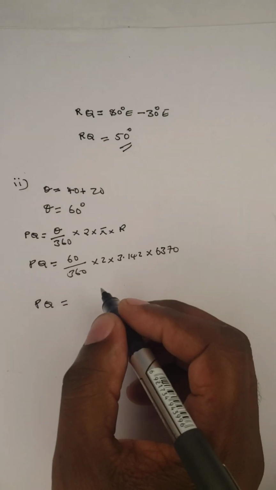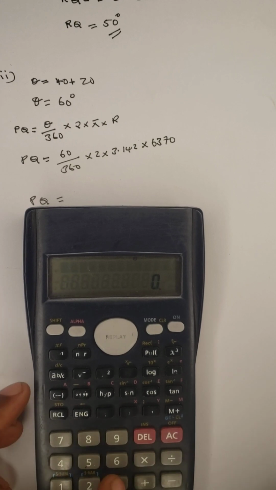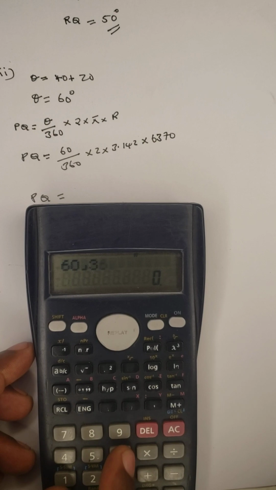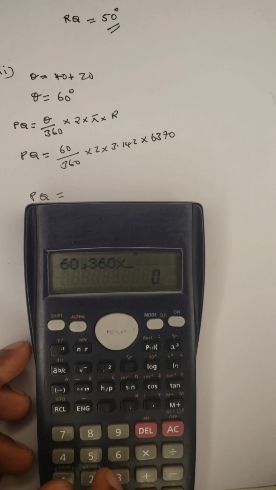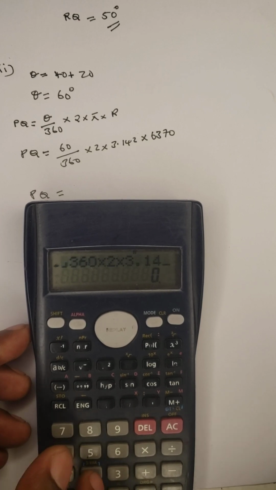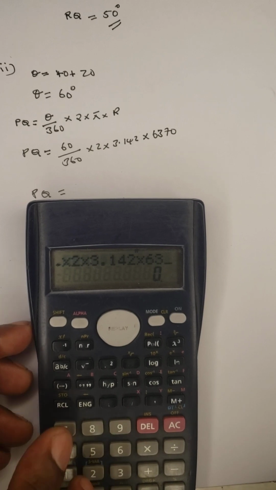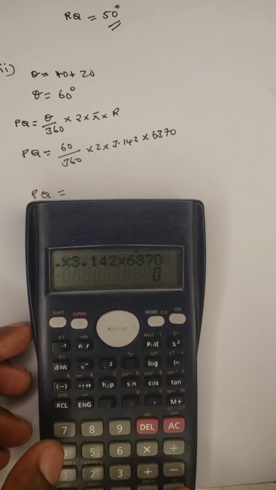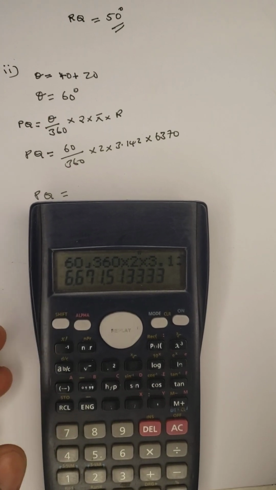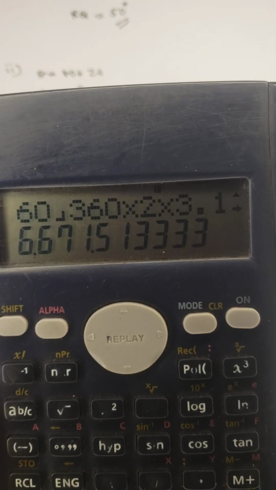So now PQ is equal to, then we compute on our calculator. So quickly let's compute this. On our calculator we say 60 over 360, times 2 times 3.142, times 6,370, then equals, we have 6,671.51333.